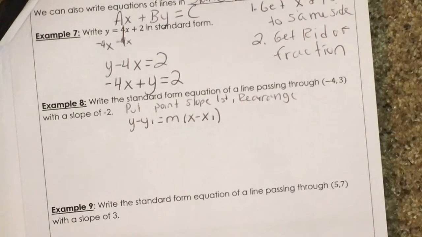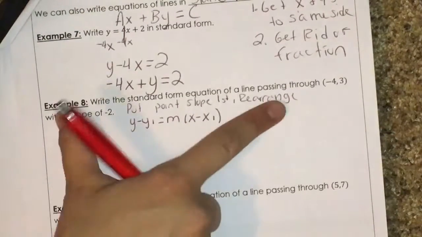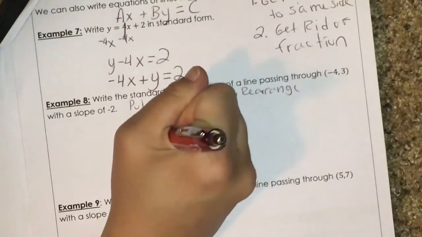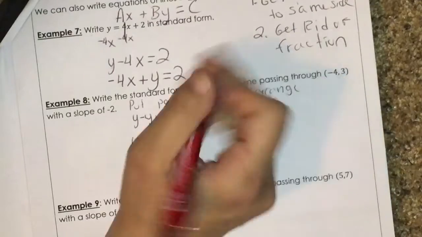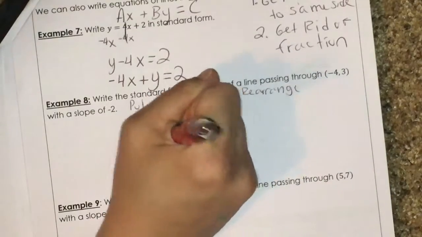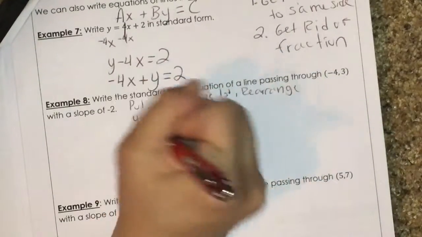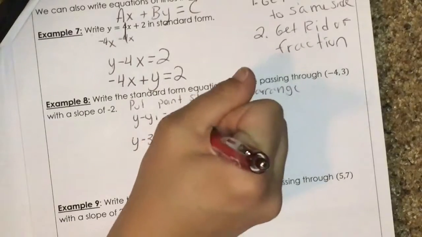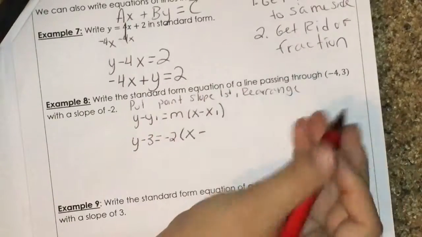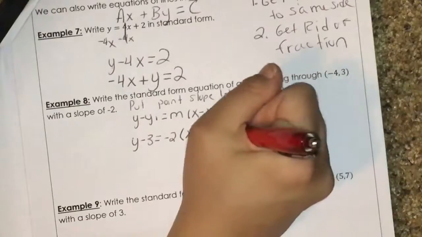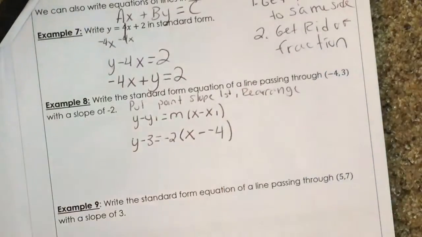It says write the standard form. So we're going to start by actually writing the point slope form. So y minus y1, which is 3, equals m, which is negative 2, times x minus x1, which is negative 4, which actually becomes a positive 4.